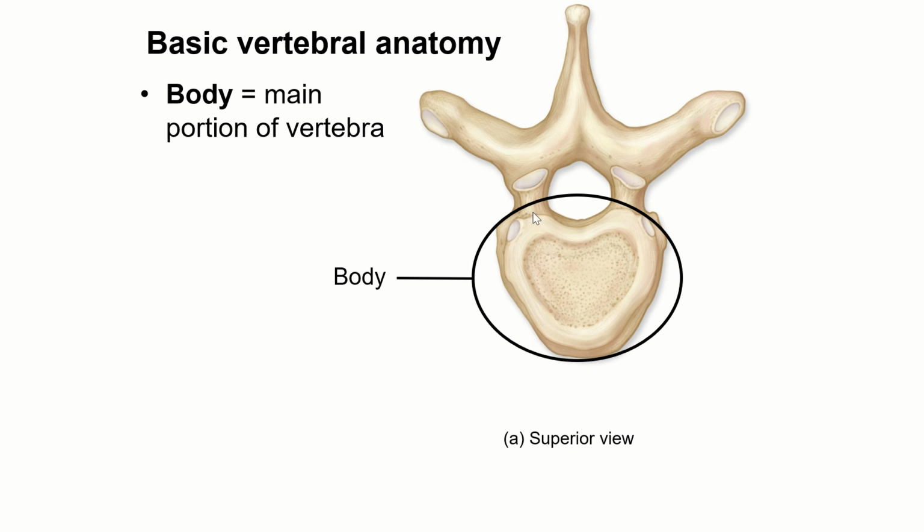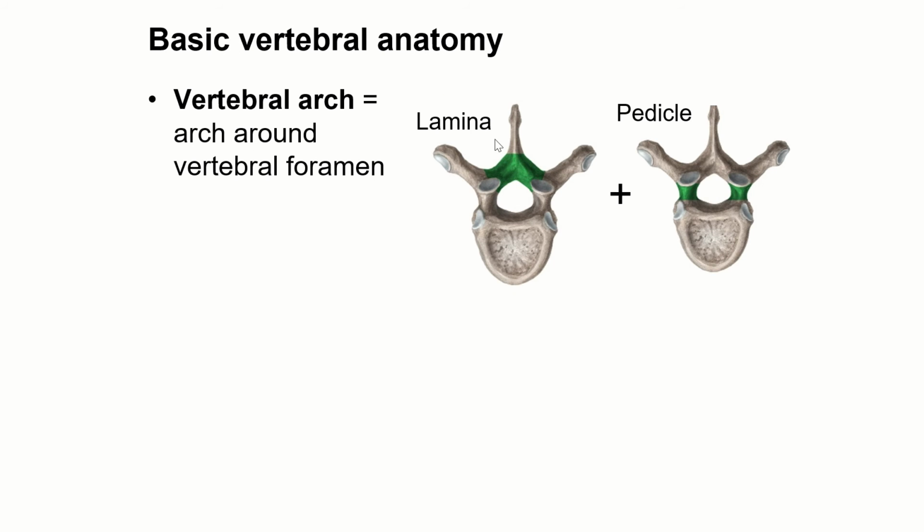Now, sticking off of this are a number of processes. And first, we have what we call the vertebral arch, which is made of two pedicels, here and here, and a lamina, or a little arched layer.